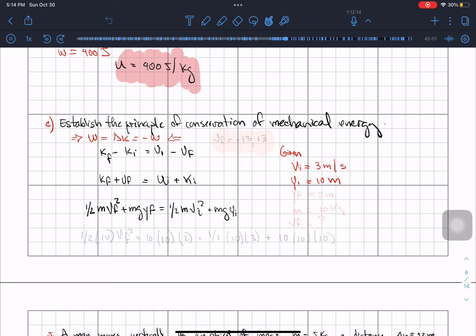That the mass, not the final velocity, but the final position is 2 meters. The mass is 10 kilograms, but we don't know the final velocity.